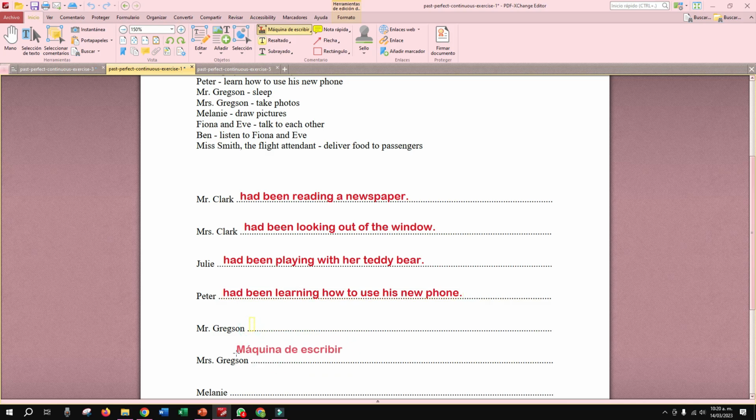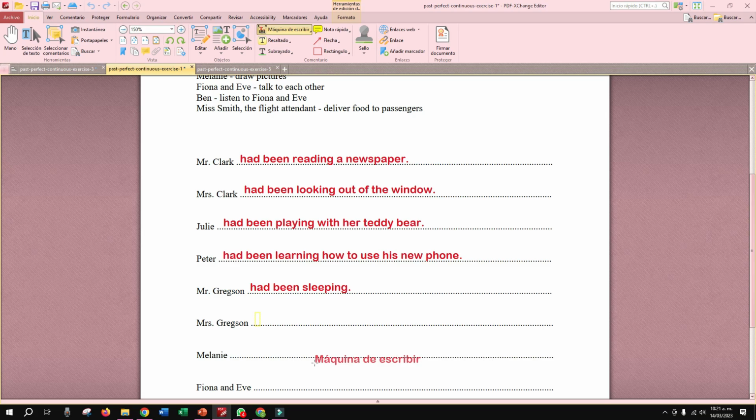Mr. Gregson. What? Mr. Gregson had been sleeping. Yes, sleeping. That's the other one. Had been sleeping. Excellent. Mrs. Gregson, that's her.